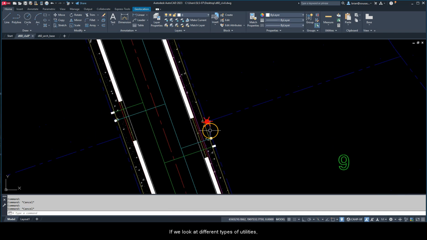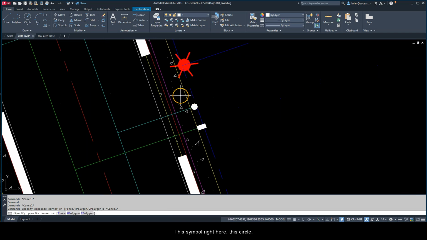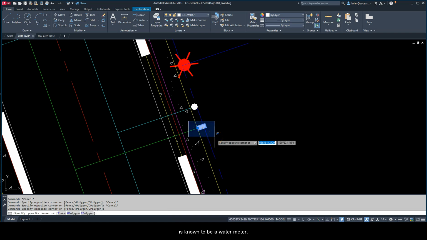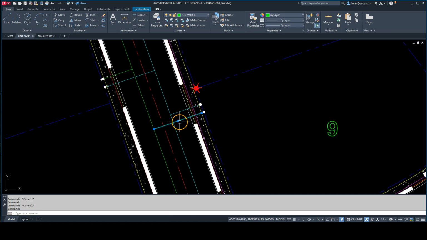If we look at different types of utilities, this symbol right here is known as a street light. This circle is known as a sanitary sewer cleanout. This structure right here is known to be a water meter. So if this is a water meter, therefore this is a domestic water lateral.